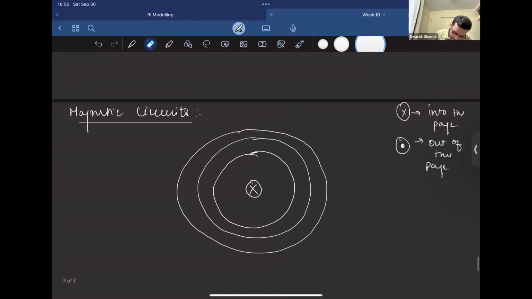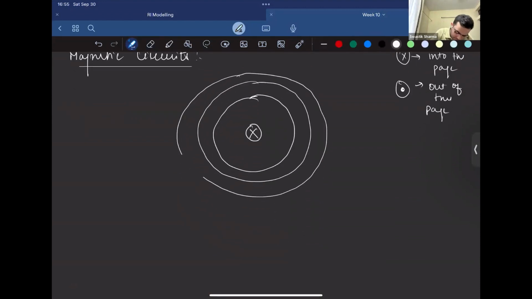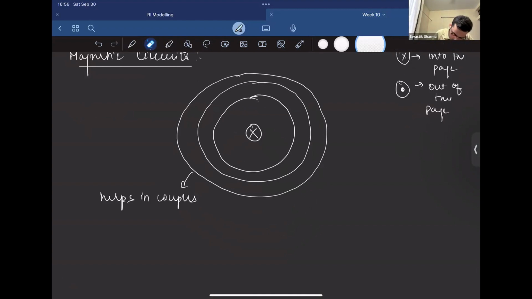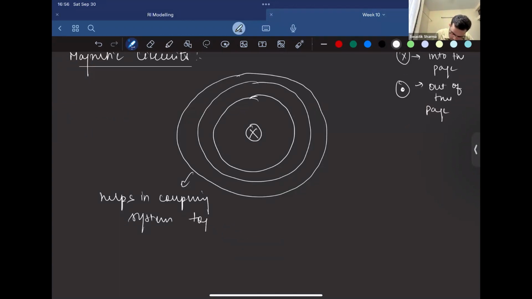This magnetic field helps in coupling two or more systems together. That's where this property is exploited.